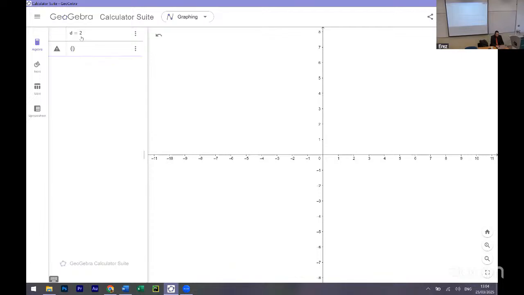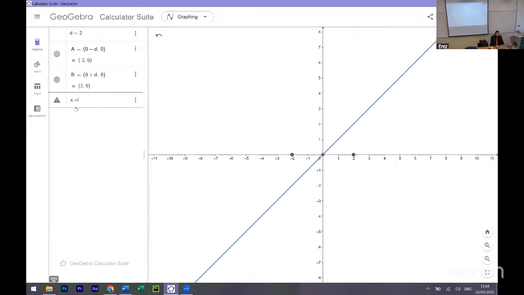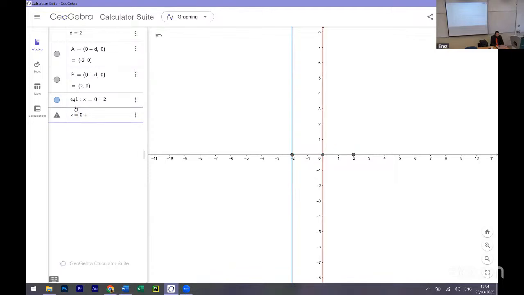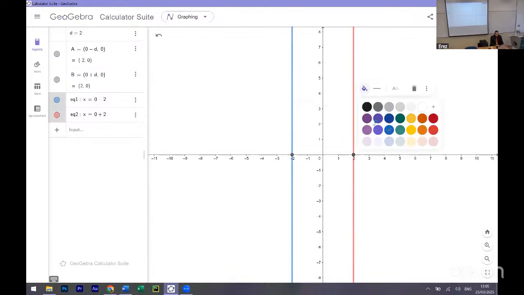And then we take 0 minus d, 0, and 0 plus d, 0. So these are the edges of the area.